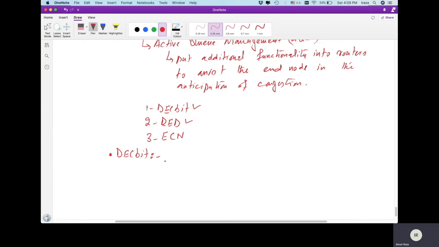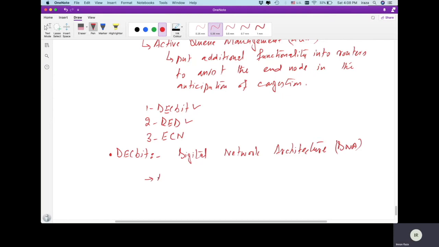The DECbit was developed for use on the Digital Network Architecture, DNA.